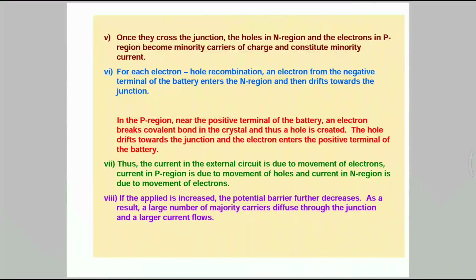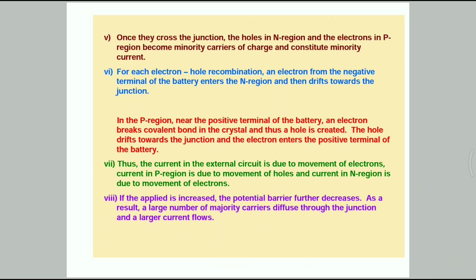Once they cross the junction, the holes in the N region and the electrons in the P region become minority charge carriers and constitute minority current. For each electron-hole recombination, an electron from the negative terminal of the battery enters the N region and drifts towards the junction.